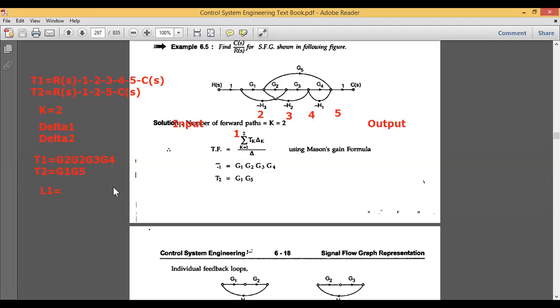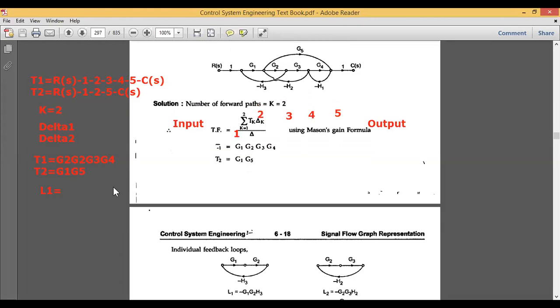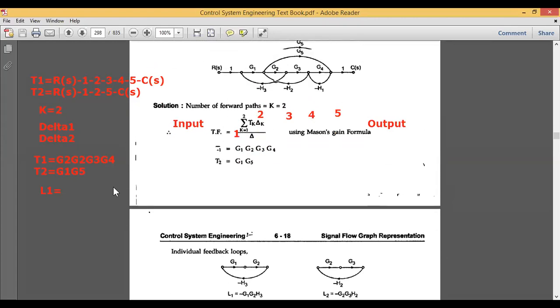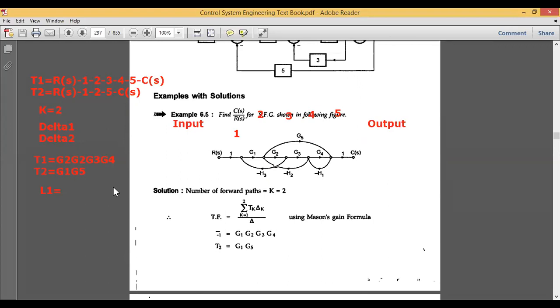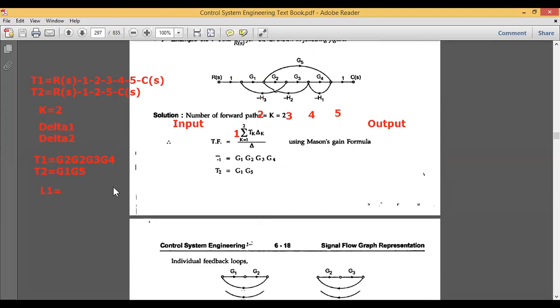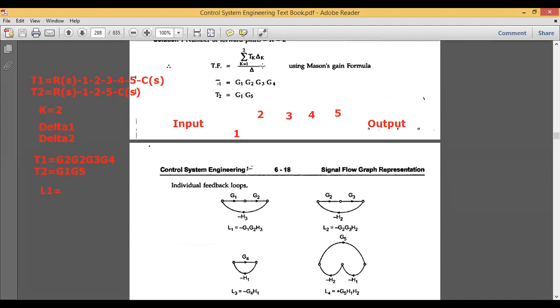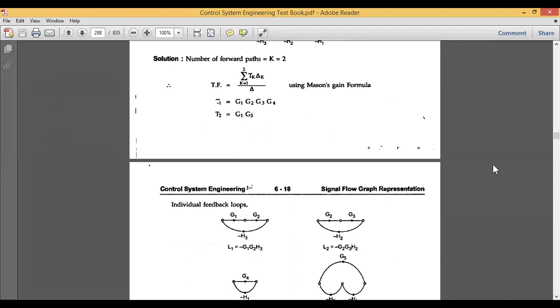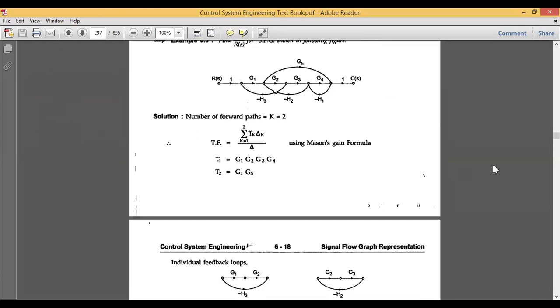So let us separate all the loops. Here you can see we may have one more loop, I will show you that also. Just clear it off. Fine, so what is the loop? Let us find the loop here. The first loop starts at this point, then this node, and coming back to this node. I will consider these three nodes as the first loop.